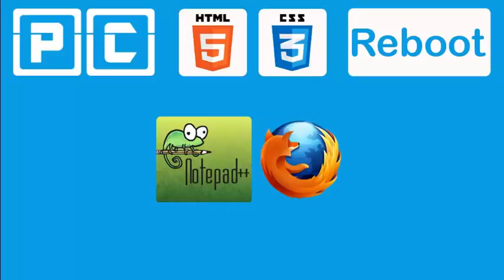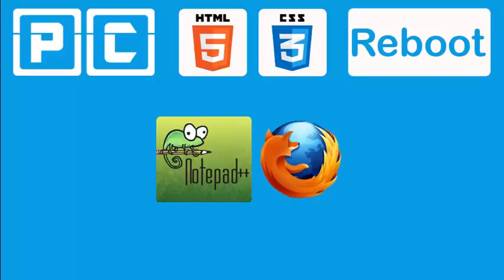So to get started with this series, there are two things that you guys are going to have to download, or maybe you've already got them on your computer. Okay, and the first thing we need is a good text editor. So the text editor that I use is Notepad++, and it's a good one. I would recommend, if you're following along with my tutorials, that you download that, and I will show you how to download that in just a moment.